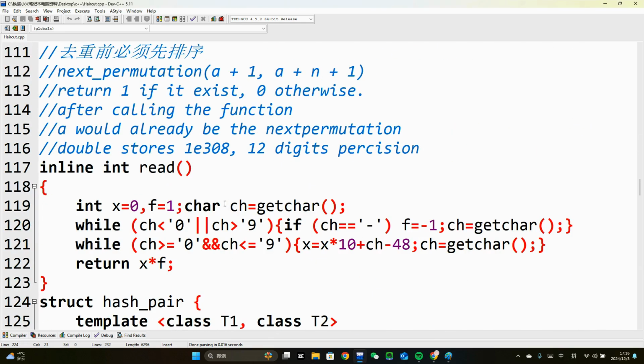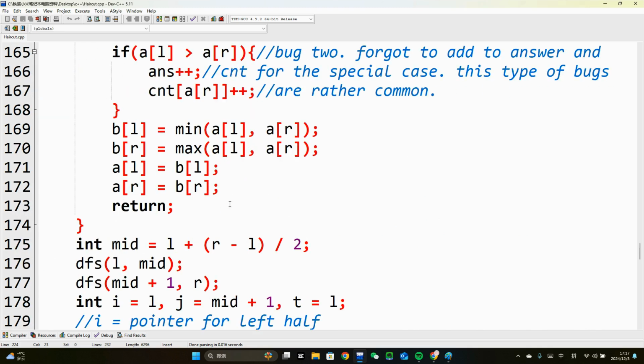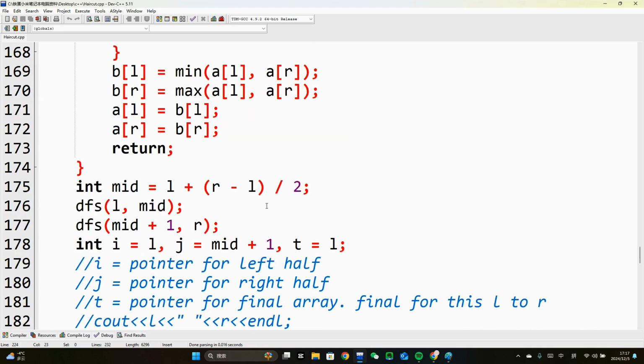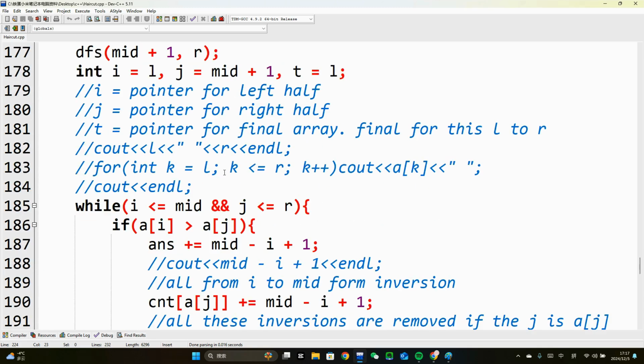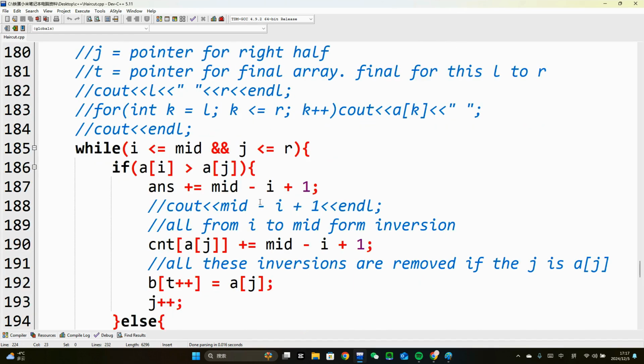So now we just need to calculate, for each j, how many inversions exist such that the second element is greater than or equal to that j. Since we can't directly calculate that, we can, however, calculate the exact number of pairs of inversions with the second element at exactly aj.